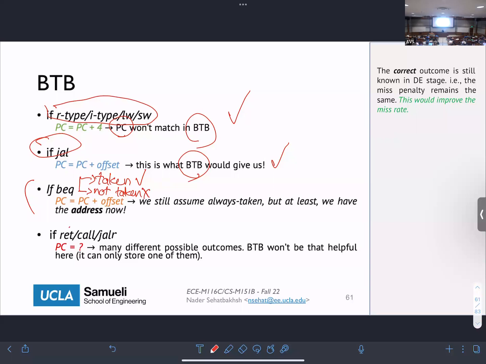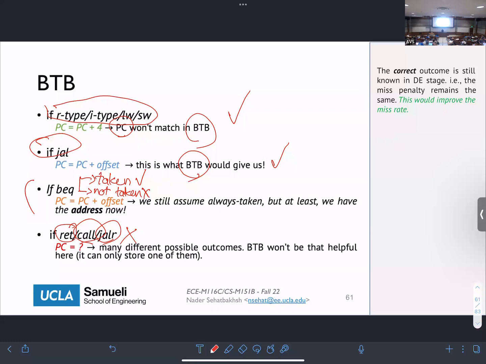And then for return, call, and Jalor, given that there are many different addresses, we don't put that into our BTB. Maybe we'll put that one time, but given that there are many different options, probably the outcome of BTB won't help us at all. So we typically don't update our BTB with these instructions because they might have many different return addresses, and BTB is not a good idea for these instructions.